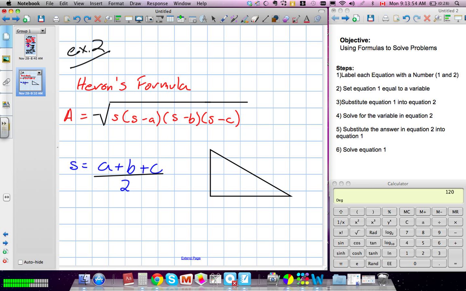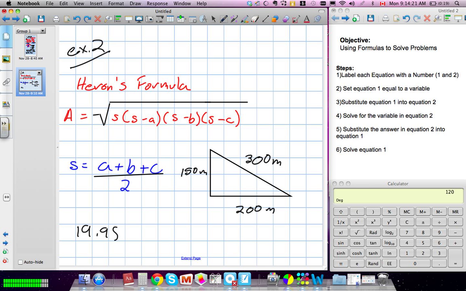So we're going to have a 300 meter side, a 200 meter side, and a side that is 150 meters. It also tells us, because she's trying to estimate cost, that a bag of fertilizer costs $19.98 per bag.